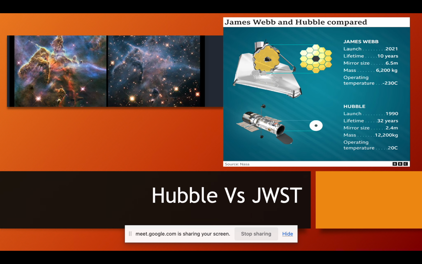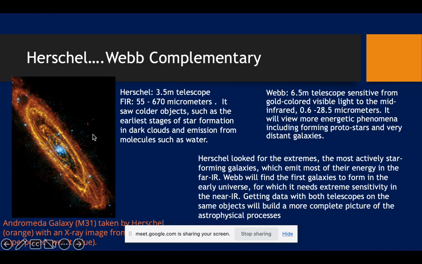Because we need to cool it, cryogenic technology is used, and the material used to cool it gets finished at a certain point in time. It has to operate at a temperature of minus 230 degrees centigrade, and therefore the lifetime of James Webb is going to be barely 10 years. It's not going to last as long as Hubble. Hubble is still operational. It was launched in 1990, but it's still very much operational after 32 years. So in principle, James Webb is complementary to Herschel.